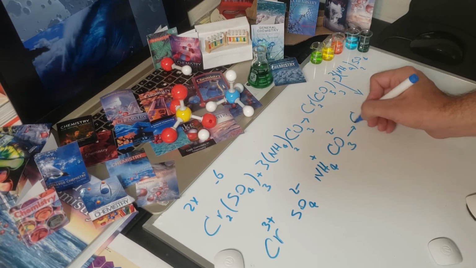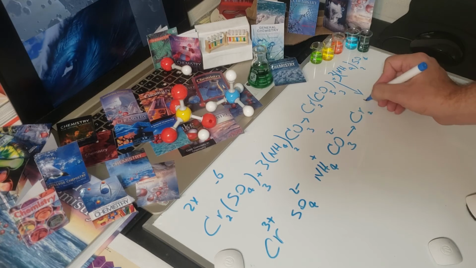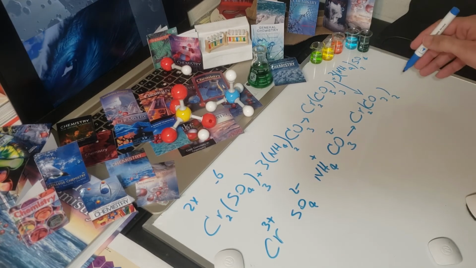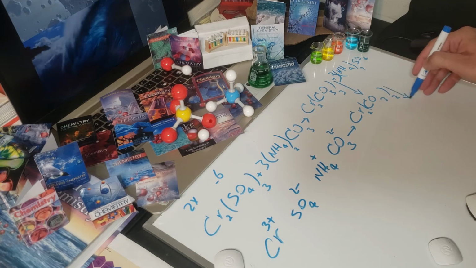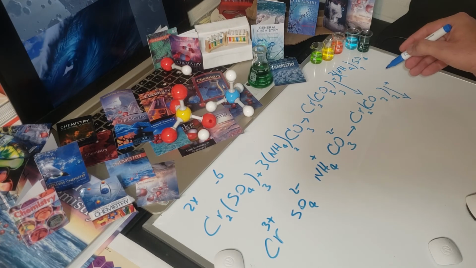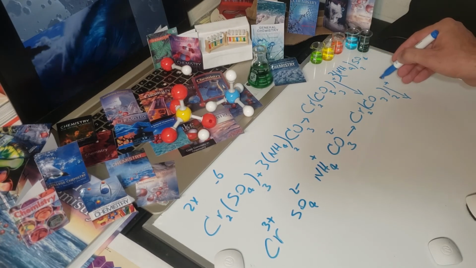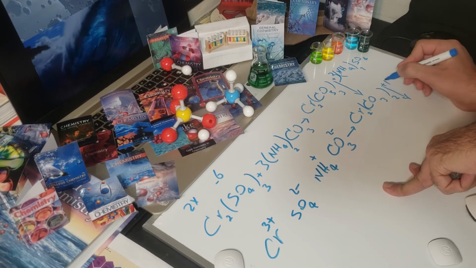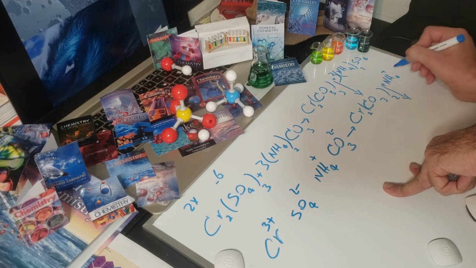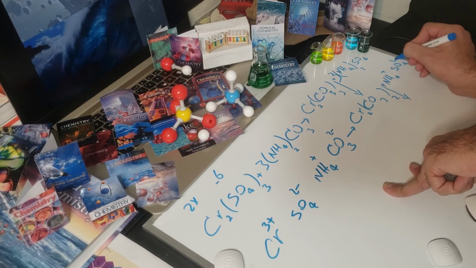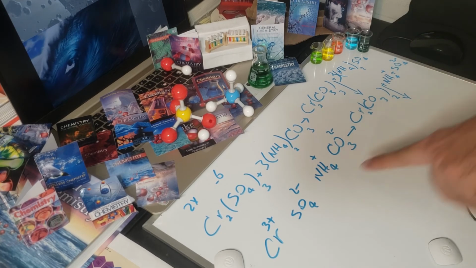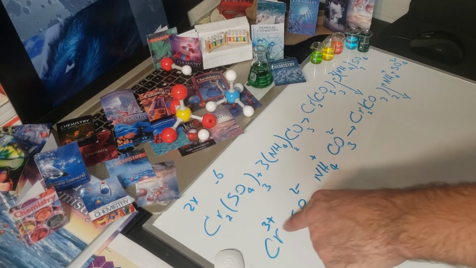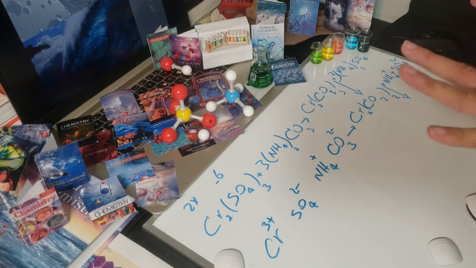Carbonate, giving you chromium carbonate, and 3 times 2, 6. Oh, my bad. Let's just do the ions. My best suggestion for you is to do the ions first to make sure you got the correct numbering, like the subscripts and the charges for the ions.